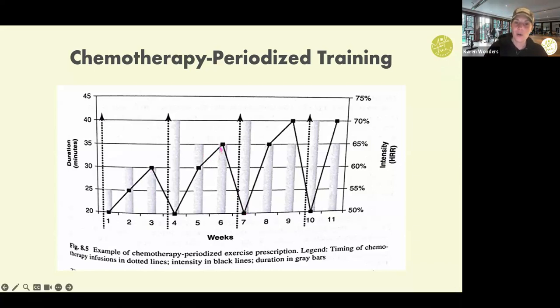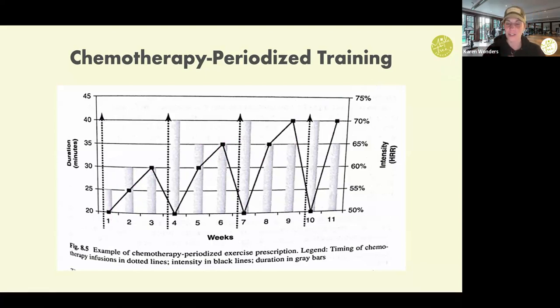But you can see over time, we're still increasing intensity. If you were to look from week 1 all the way to week 11, you still have had a 20% improvement in intensity. It's just not going to be a linear improvement based on the symptom severity of that patient. So that's chemotherapy periodized training.